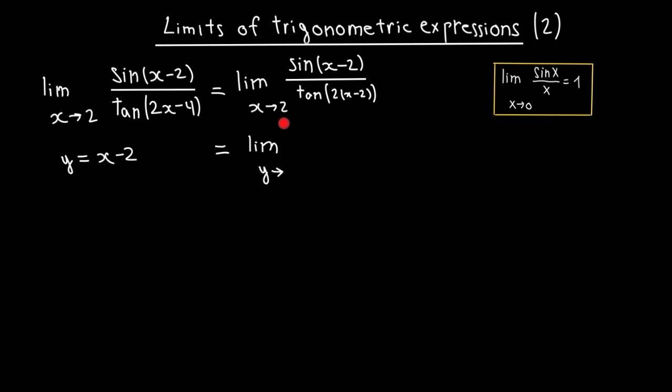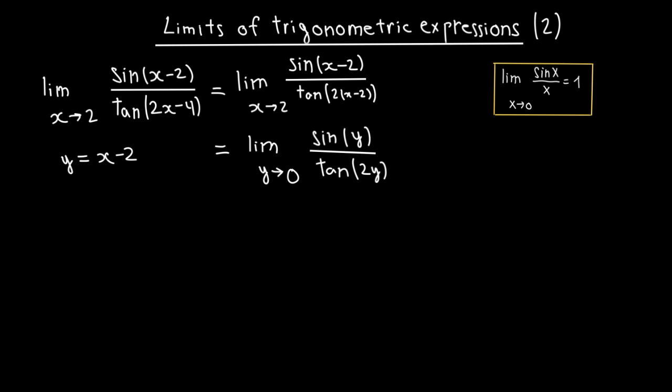Well, as x tends towards 2, y will tend towards 0, which is exactly what we need. We need a variable that tends towards 0 in order to use this limit over here. So we have the limit as y tends towards 0 of sine of y divided by the tangent of 2y.